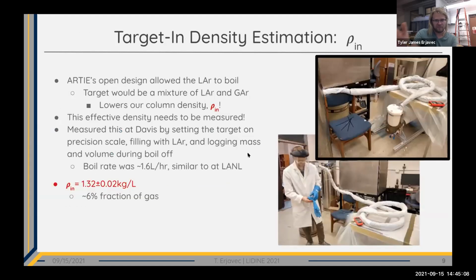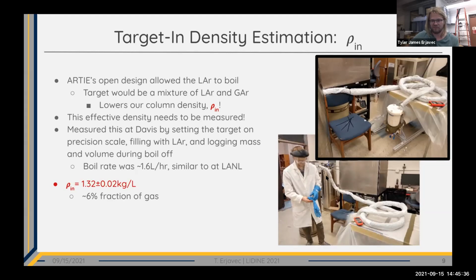So we got the backgrounds, now we need that rho n. Again, RD's open design allowed liquid argon to boil, thus creating some gaseous argon in the mixture, which lowers our column density. And we needed to measure this. So we measured this at Davis by setting our RD vessel on a precision scale, filling it with liquid argon, and logging mass and volume boil off.